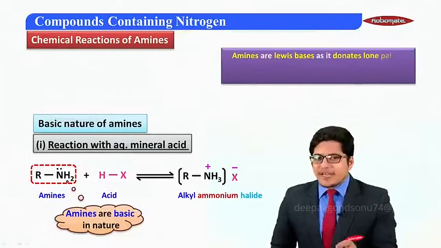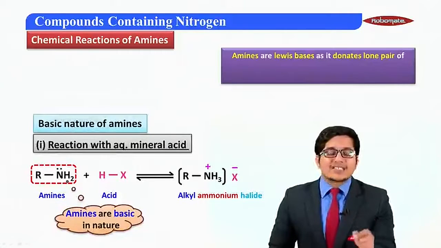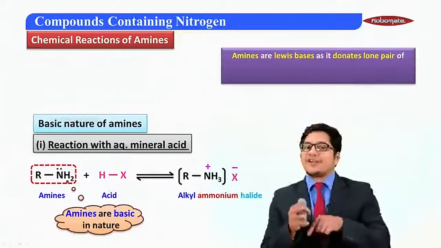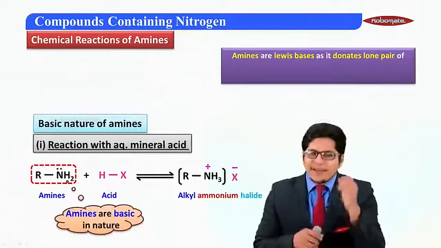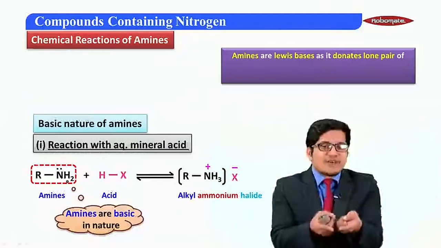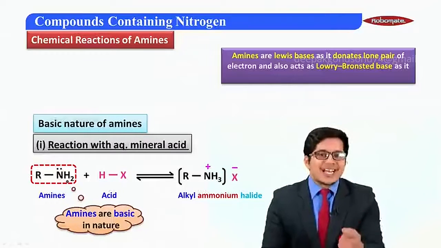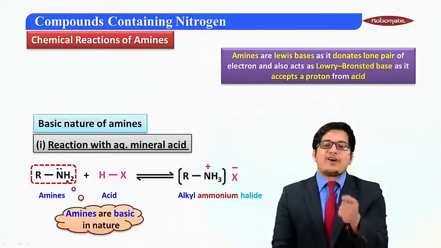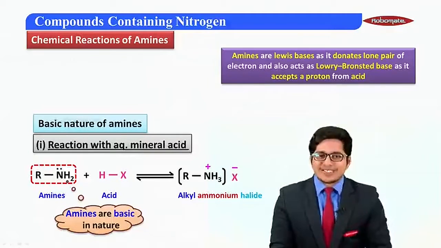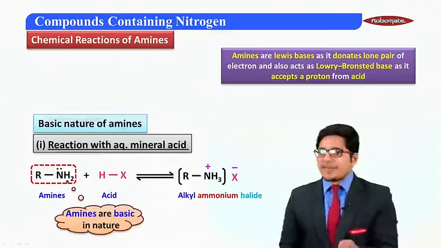A very important point: amines act as Lewis bases because they donate a lone pair, but in the process of donation, they are accepting a proton. That means they also act as Lowry-Bronsted bases. Right, students? Remember this point, it is very important.